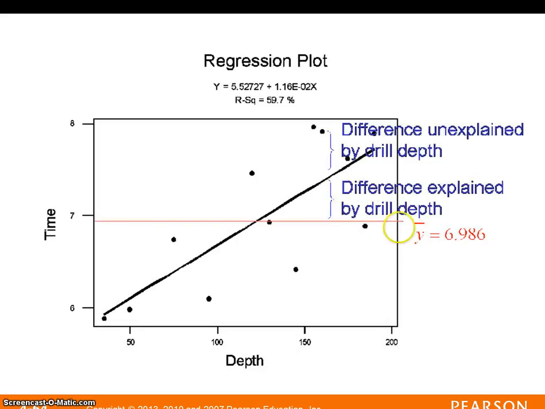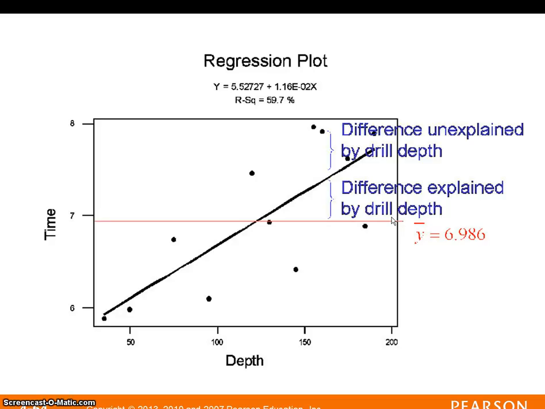Here's the regression line, and you see there is some difference in what you get here. This difference is unexplained by the drill depth, and this is the difference explained by the drill depth, where this line here is the average of the y coordinates.